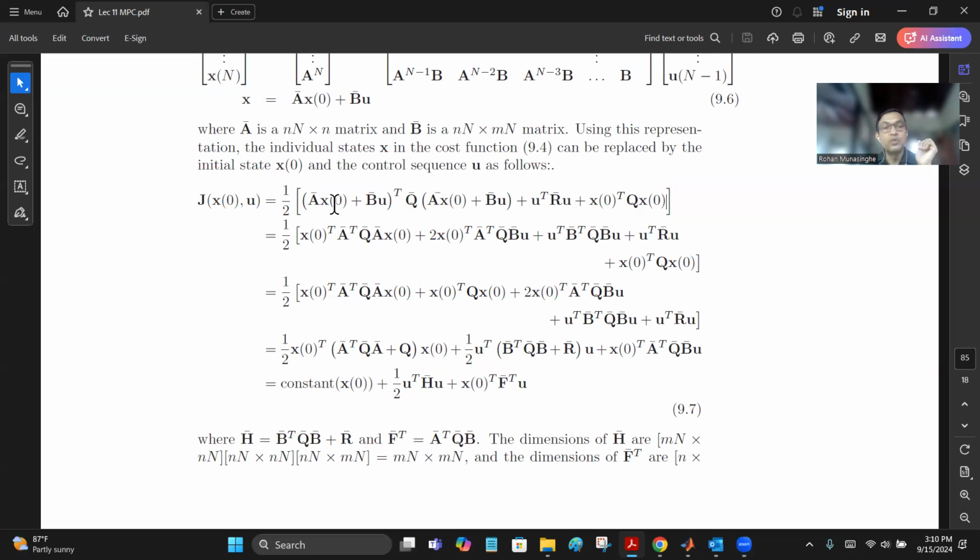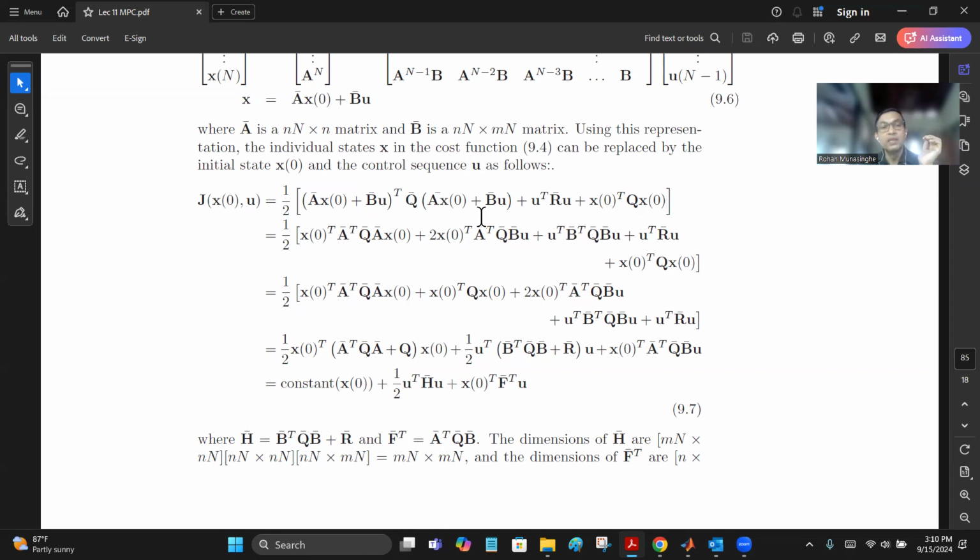Other terms, when you multiply A bar x0 with Q bar and B bar u, and then B bar u is also over here, Q bar A x0. They are the same. Okay, so that is why you get these two times. The second element plus the last element is B bar u transpose, which means u transpose times B bar transpose.